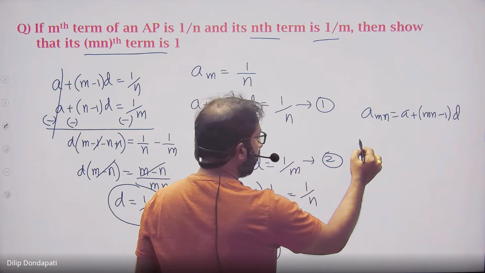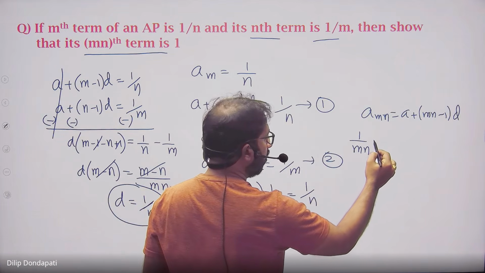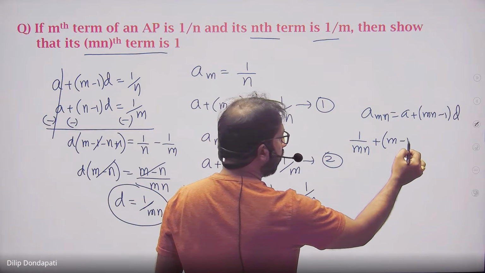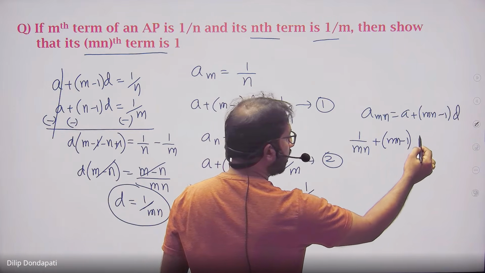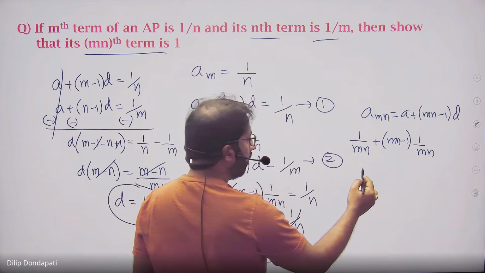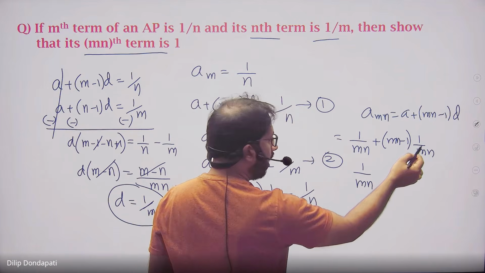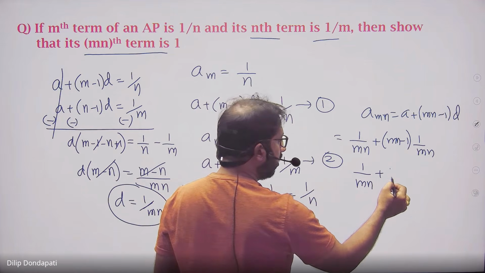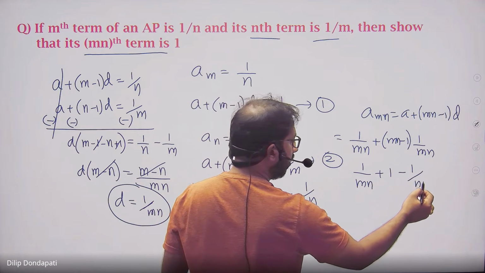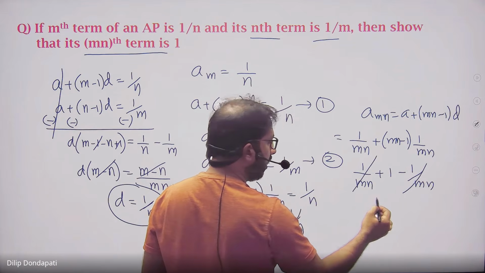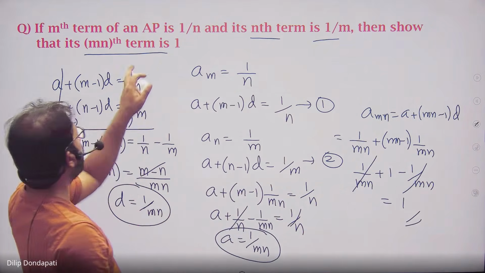So a के जगह में 1 by mn plus mn minus 1 into d के जगह में 1 by mn, right? So इसको सॉल्व कर रहा हूँ. 1 by mn, a, 1 by mn मल्टीप्लाई किया तो प्लस 1 आएगा, माइनस 1 by mn आएगा. So minus 1 by mn plus 1 में कैंसिल. He's telling to prove it is 1.